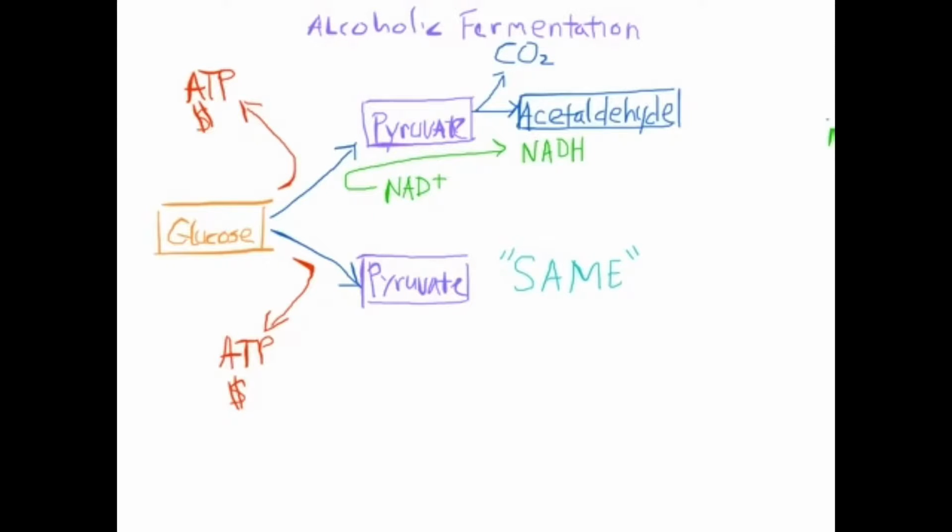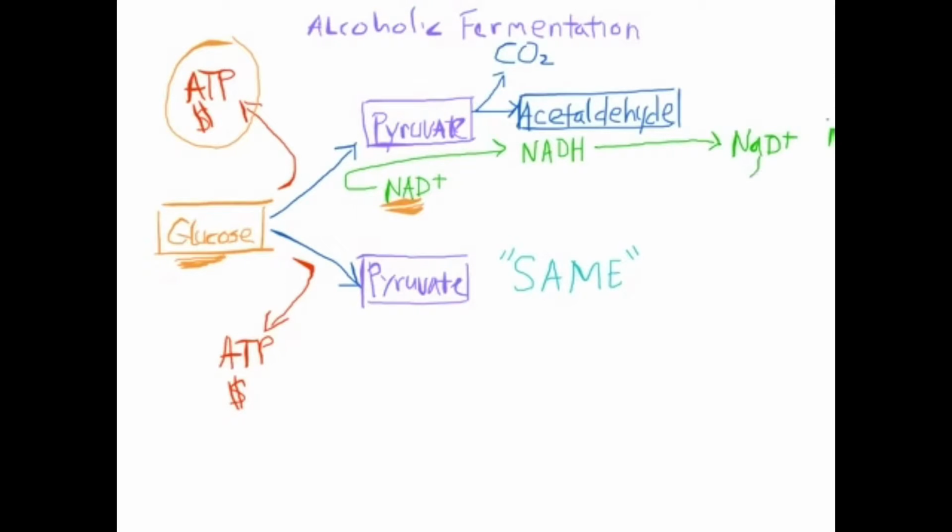Now the goal is to make lots of ATP. In order to do that, we need to split a lot of glucose. That's only possible if we have a big supply of NAD+. The only way to obtain a big supply of NAD+ is to recycle the NADH back into NAD+.